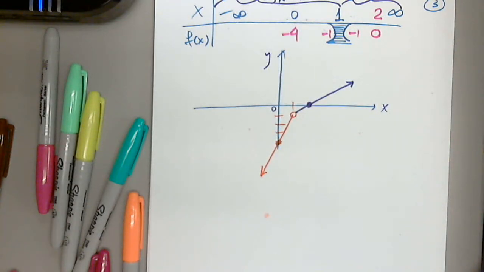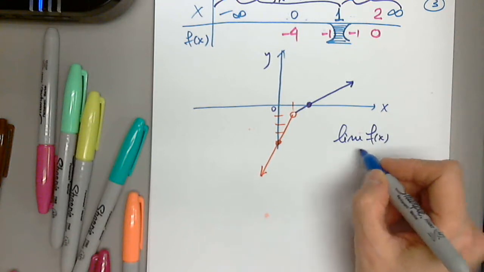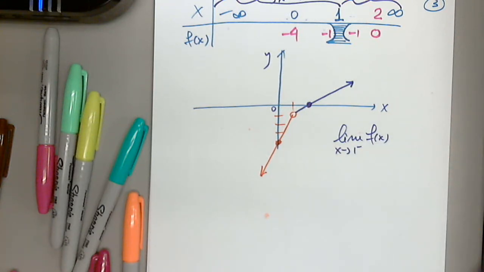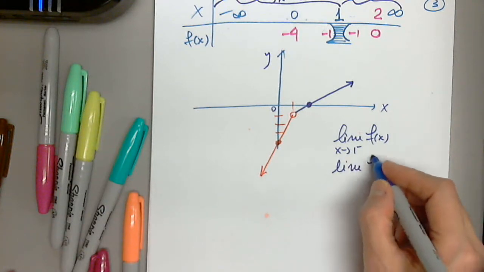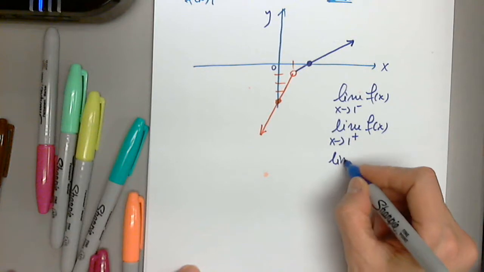And now we're ready to answer a few questions. Limit of f of x as x approaches 1 from the left. Then as x approaches 1 from the right. And then from either side, of course.